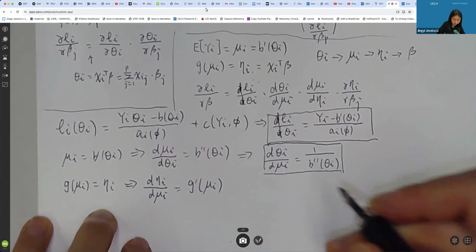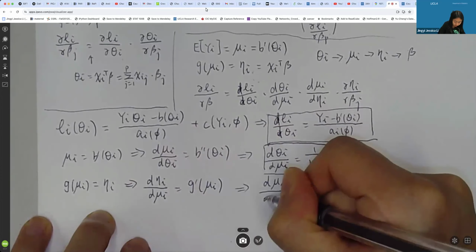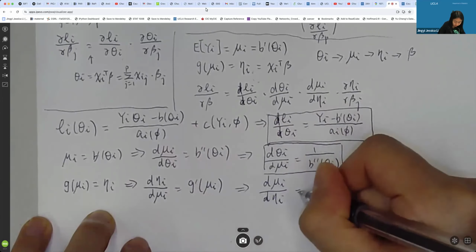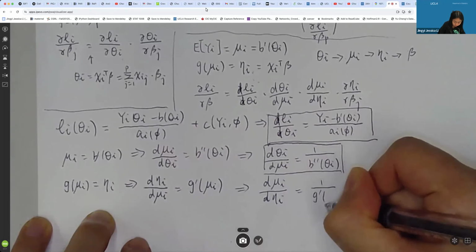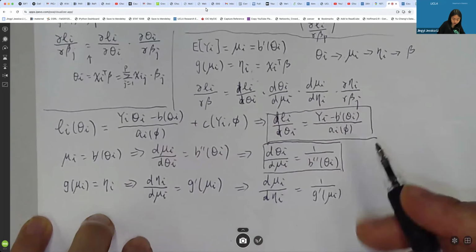Okay, and then I reverse it. It's d mu i, d eta i is 1 over g prime mu i. Same thing, so I'm writing this in terms of mu i, not in terms of eta i.